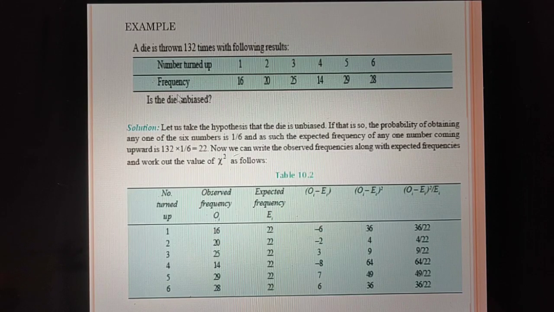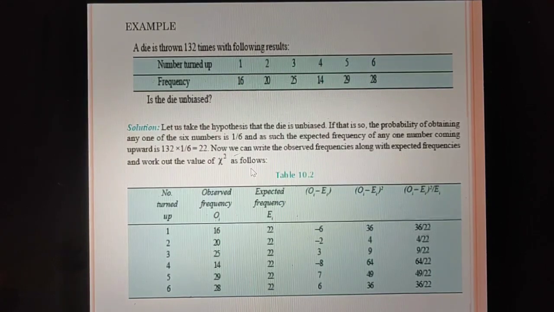The question is simple: is the die biased or unbiased? For this we have to use our chi-square test and examine whether this is an unbiased die or a biased die.